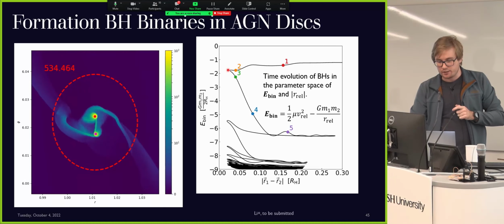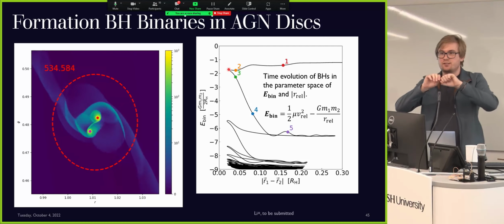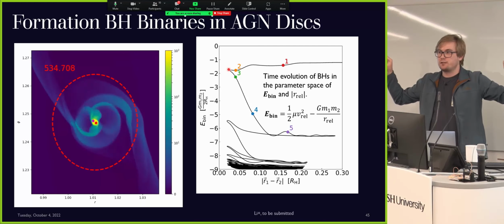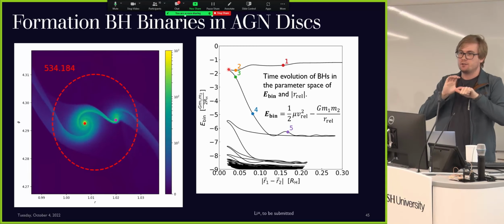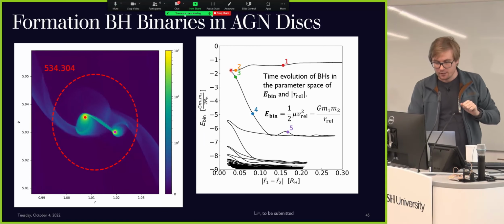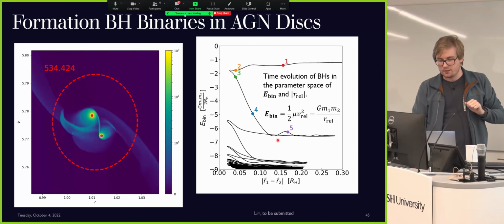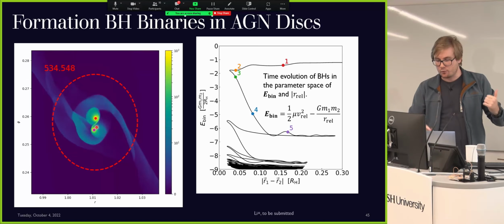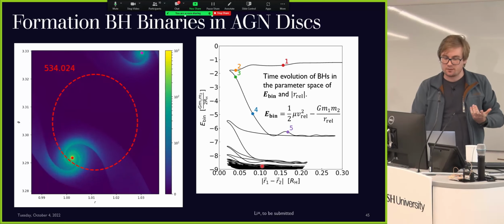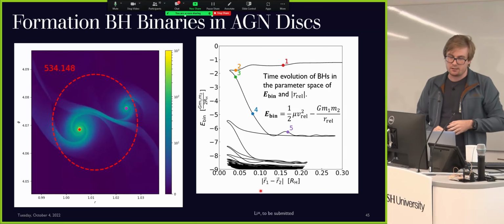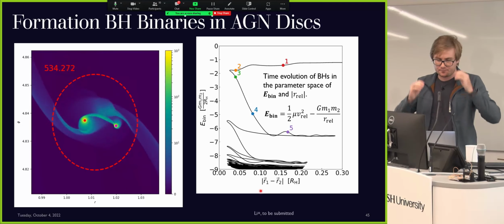When they meet each other, the black holes start to try and pull away from that leftover disk material, but the disk material is starting to pull back on them. And so they lose energy as they move away. And then this process just essentially keeps going and forces the binaries to harden.